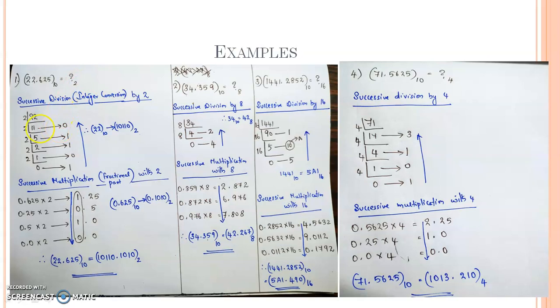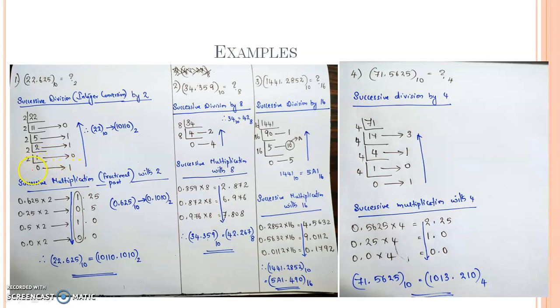So 0. Then again you have to perform division with 2 because you have to perform this division until you get the quotient as 0. Let's see, 11 divided by 2. You get the quotient 5 with remainder 1. 5 divided by 2, you will get the quotient 2 with remainder 1. 2 divided by 2, you will get the quotient 1 with remainder 0. And 1 divided by 2, you will get the quotient 0 with remainder 1.